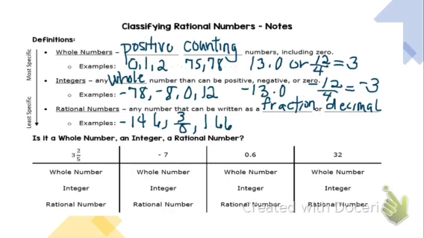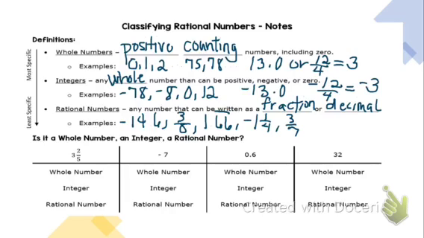Remember, we know that's a repeating decimal, so we're going to add that line above to show that it's repeating, or negative 1 and 1/4, or positive or negative 3 over 7.